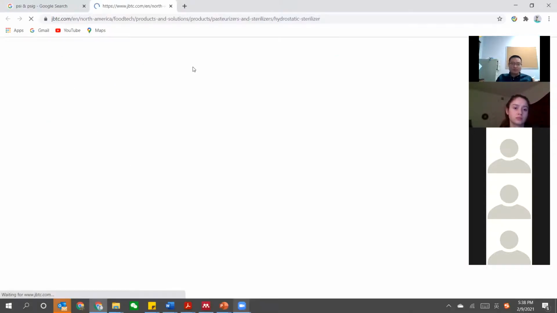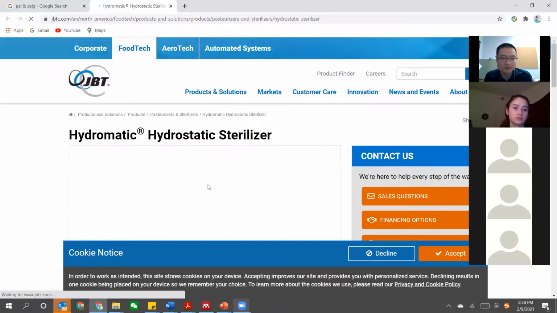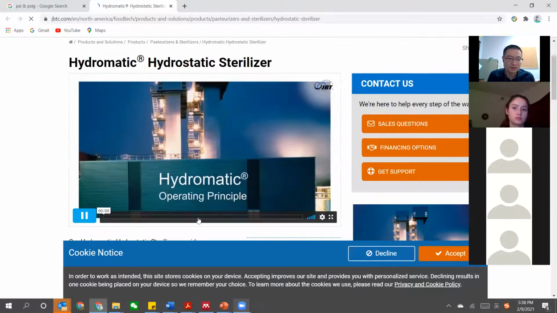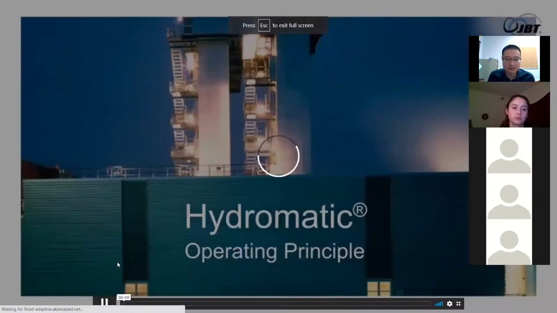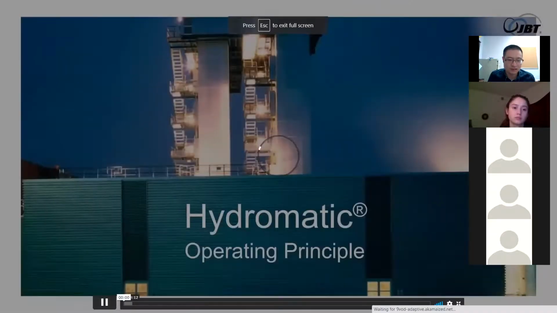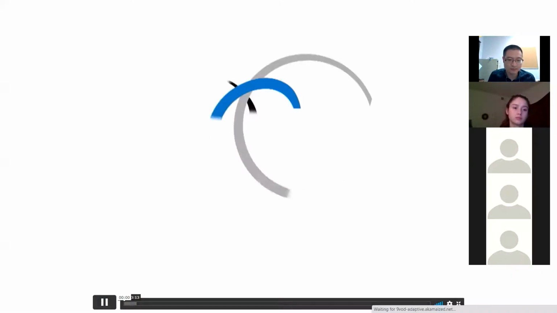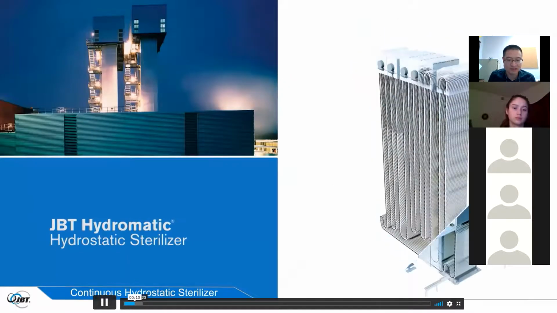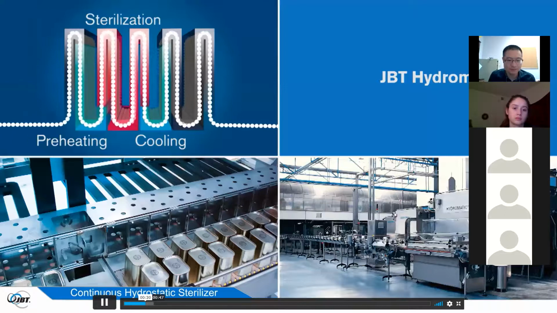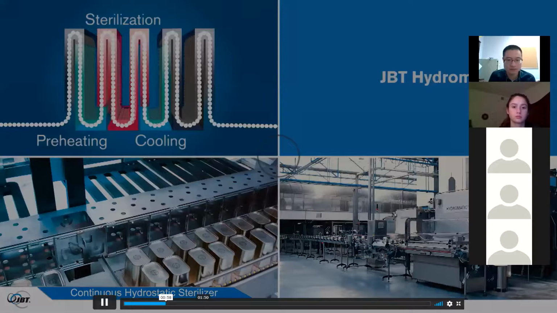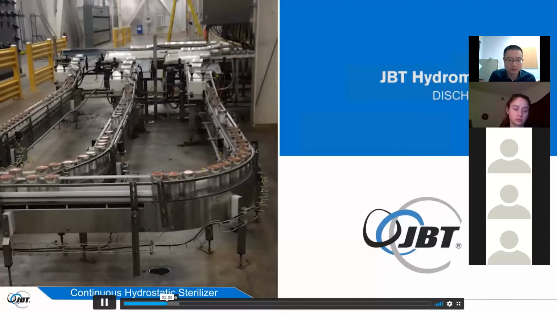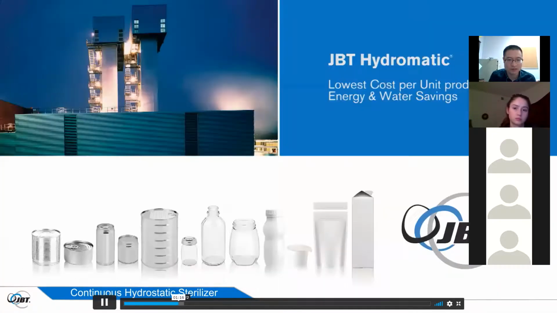This is a sample system that I found very helpful from JBT. There's no sound with it actually, but it really helps us understand how the continuous system works. Let me go to the part I want.